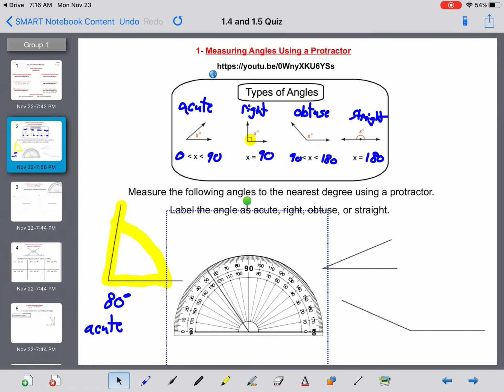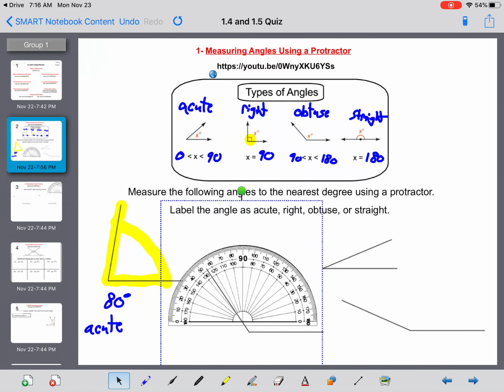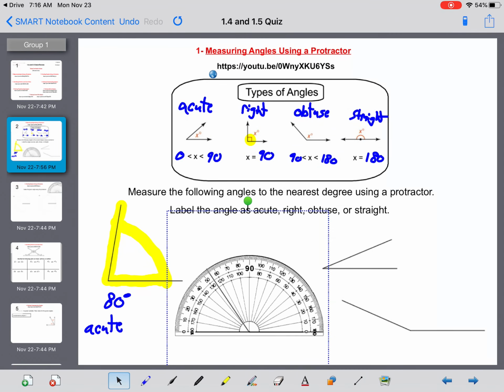Okay. You're going to do the same for the following 3. Here's my line, follow 0 all the way around, and your line hits directly in between 120 and 130, so this is 125 degrees, which is obtuse.